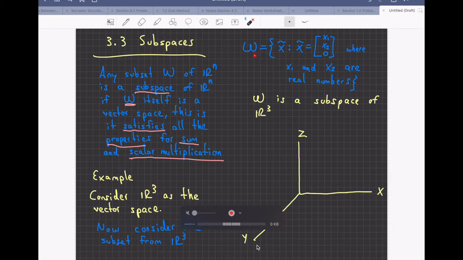But what is W? Notice if the last coordinate is 0, that means the coordinate for the z-axis is always 0, right? So that means that in this case, the subset W is all of this region in pink.